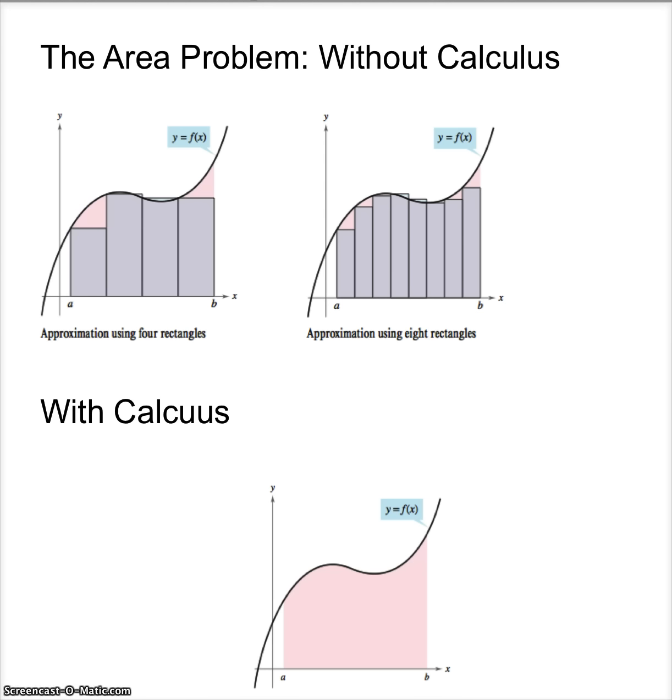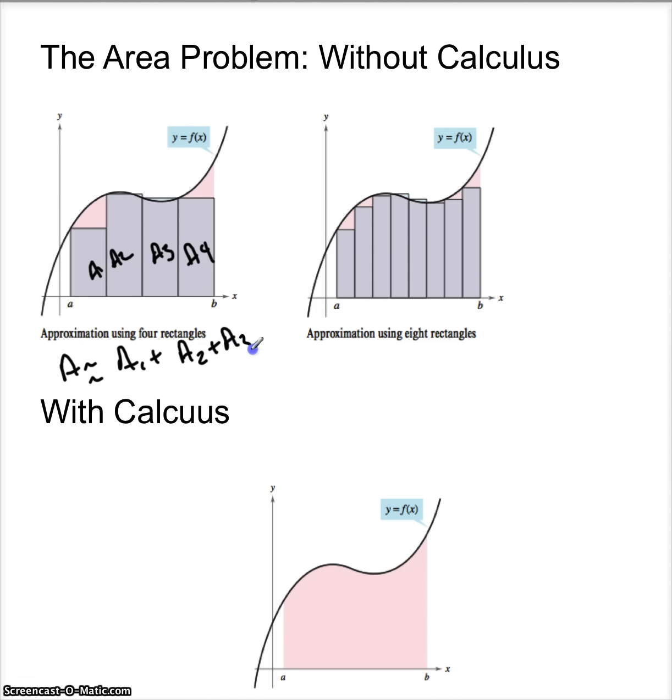In integral calculus, you could find areas, but you couldn't find funky areas. You could approximate these. You could find the area of one rectangle and the area of the second rectangle and the area of the third and the area of the fourth, and here we have 8. But if you were to add these up, this would give you an approximate area because, of course, they're not exact.